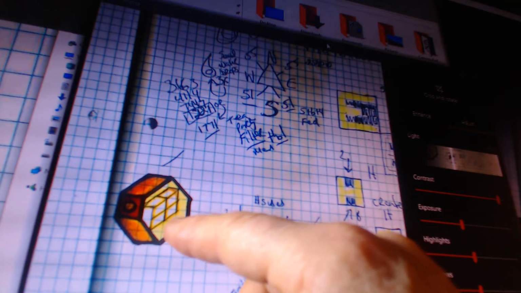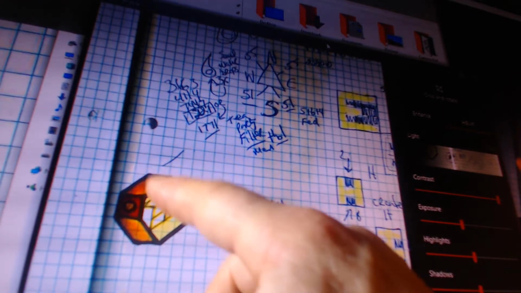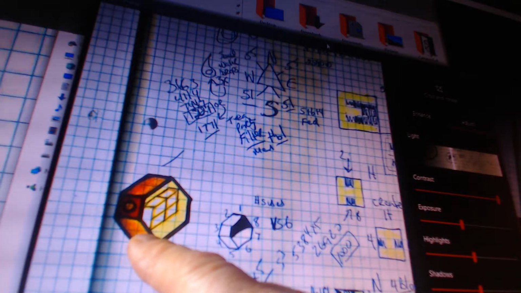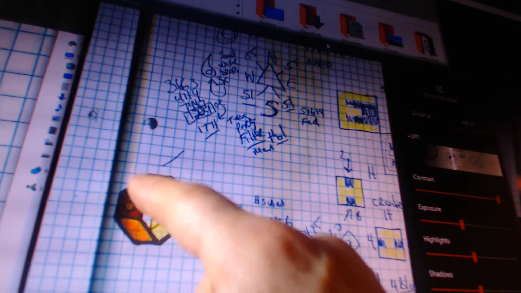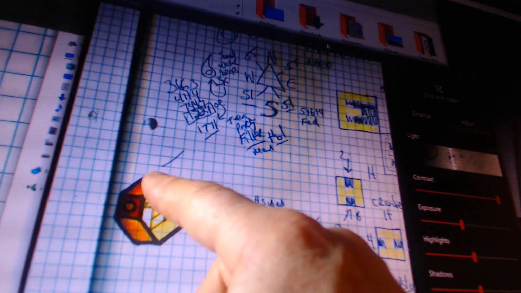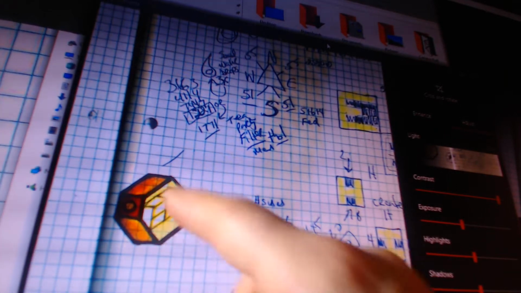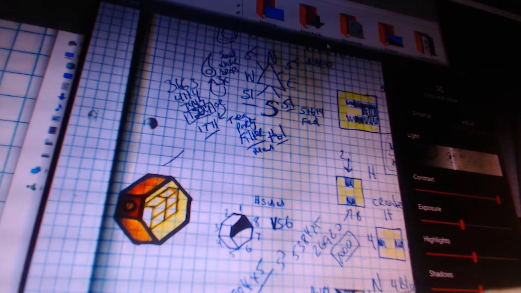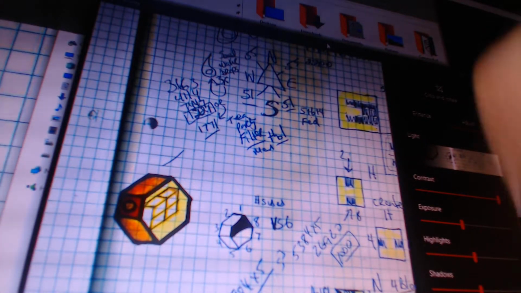So what is the actual design? Is it 1, 2, 3, 4, 5, 6, 7, 8, 9, 10? I said 9 before. Is it 8 and 10? Is that what I said? 8 on the outside, right? 9, 10, 11, right? 8 and 11. Is that possible?